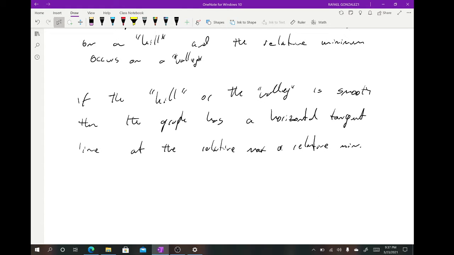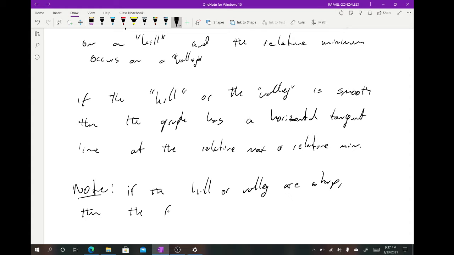Now, note if the hill or valley are sharp, then the function is not differentiable at the high point or low point.